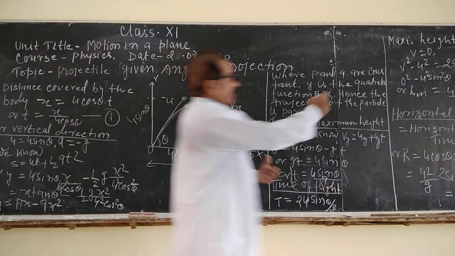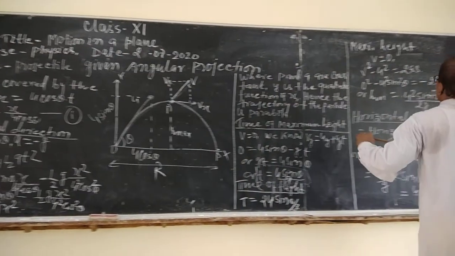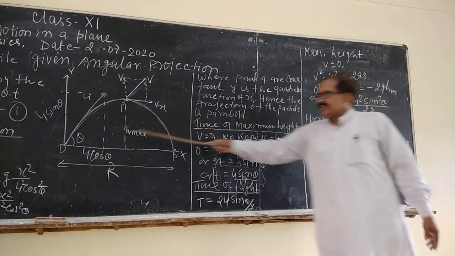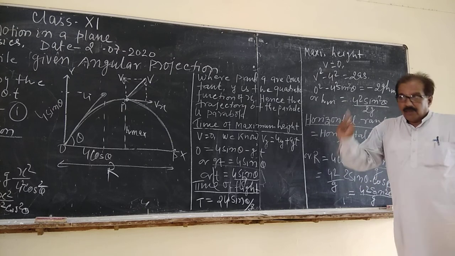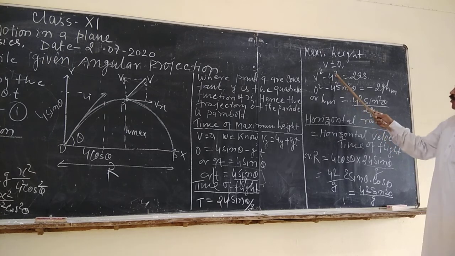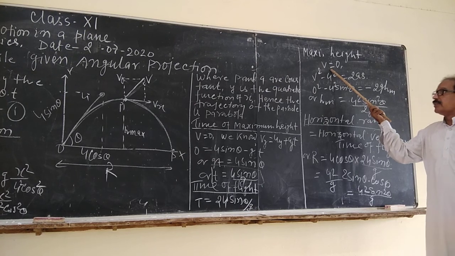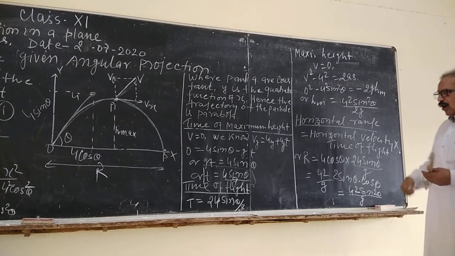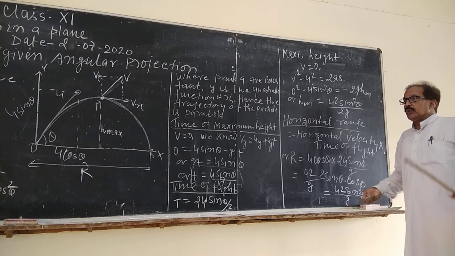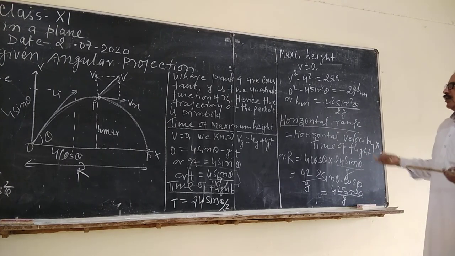So now next, this is the maximum height. What is the maximum height of the object when thrown at angle theta with respect to the earth? Again, at the maximum height its velocity is equal to 0. Now we know v square minus u square is equal to 2as. All of you know this formula.